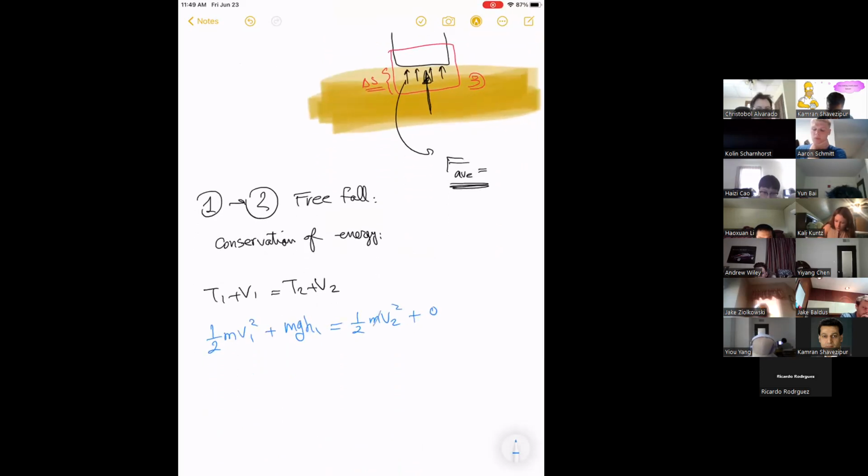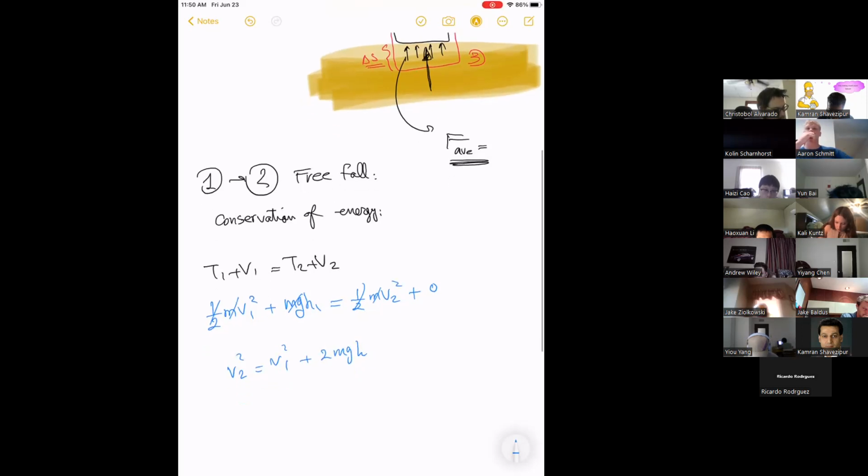So if you get rid of these things and make it 2, you're going to get your V2 is going to be V1 squared plus 2 mgh, and you can calculate your V2 as, mass is 5 times 9.81 times 8 plus V1, how much was V1?